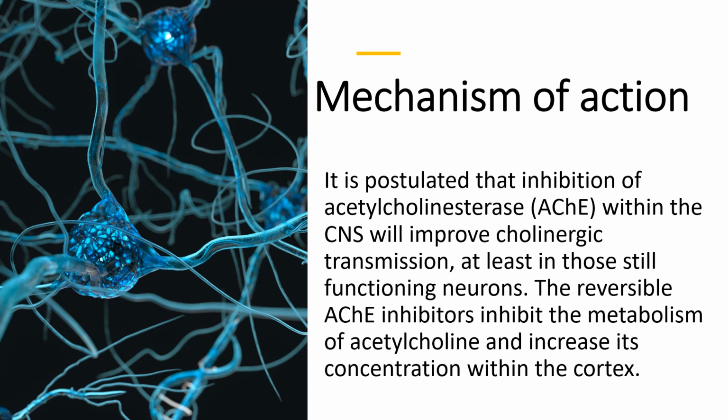So the inhibitors of these enzymes would inhibit the action of acetylcholinesterase, increasing the level of acetylcholine at the synaptic terminals. The increased level of acetylcholine would improve or increase the cholinergic transmission in still functioning neurons. It would not alter or improve the diseased neuron. It would increase the transmission in healthy neurons.